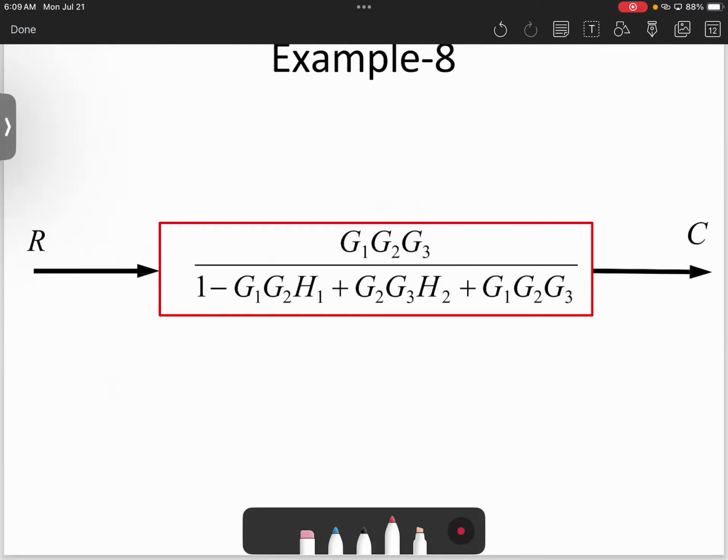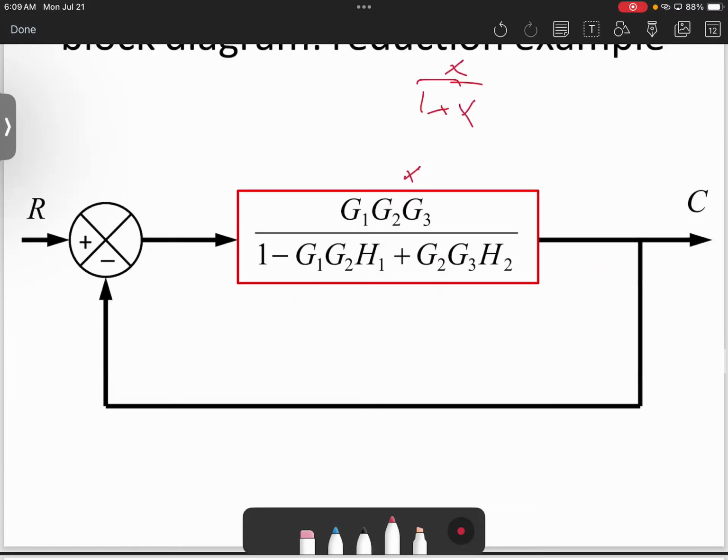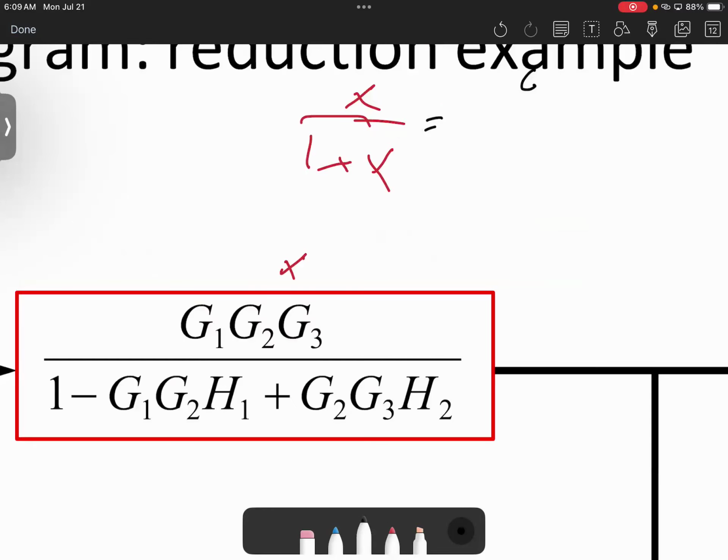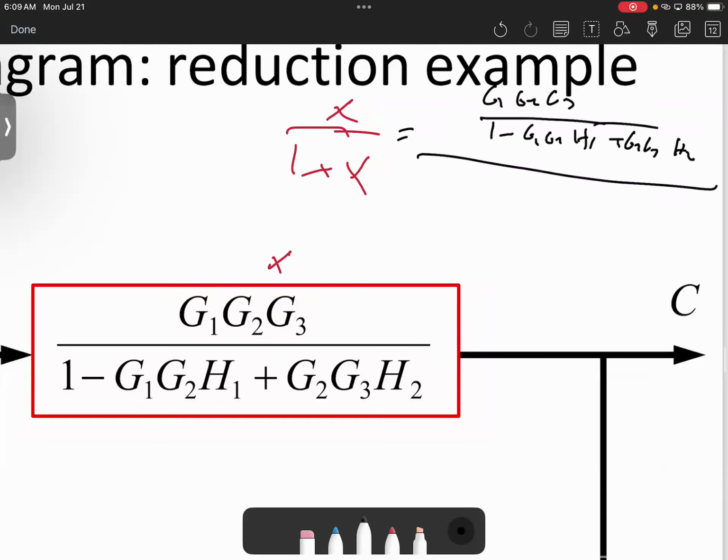There's no problem if you do this assumption, but don't stop like this. Substitute the values. This is for your simplification. Then you will write G1, G2, G3 divided by 1 minus G1, G2, H1 plus G2, G3, H2. Then divide by 1 plus G1, G2, G3 over 1 minus G1, G2, H1 plus G2, G3, H2. When you do this, for example, let's assume you are in the exam and you didn't have enough time.